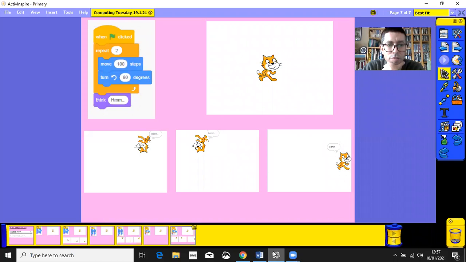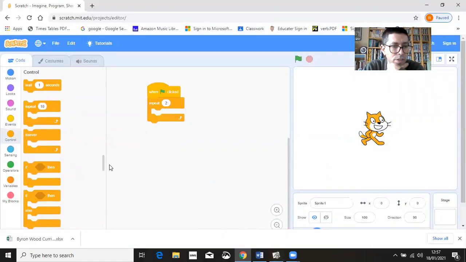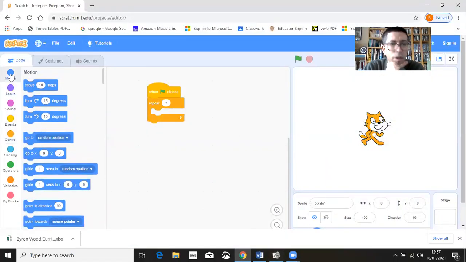There was the 100 steps and there was the 90 degrees. So if I go back up to my motion, the easiest way to do this is to do it separately and add it in afterwards. So the 100 steps, turn that to 100, and then the anti-clockwise 90 degrees, 90. And now I'm going to move that and put it inside.